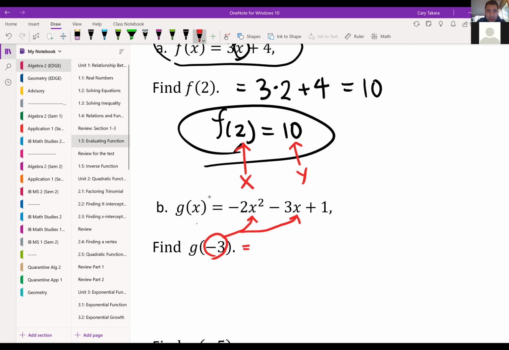So it will become -2 times (-3) squared minus 3 times (-3) plus 1. So again, -3 replaces all the x's because -3 is an input, which is the x value.